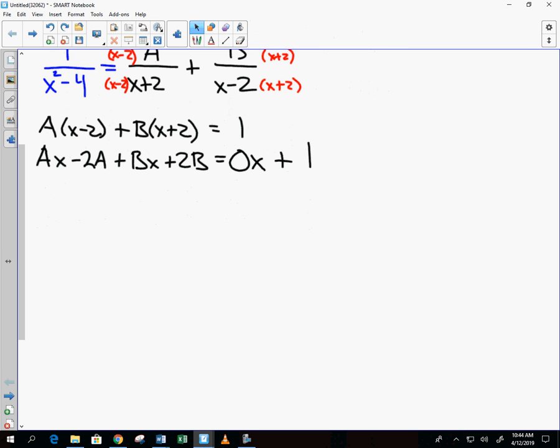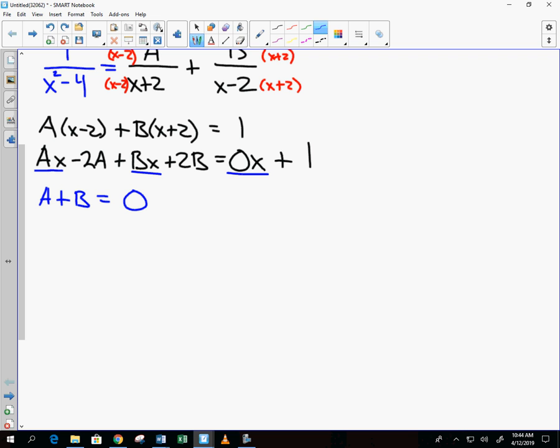So that means when you gather your coefficients together for the x's, they must add to 0. So therefore, A plus B is equal to 0. If you take Ax plus Bx, you get 0x, right?